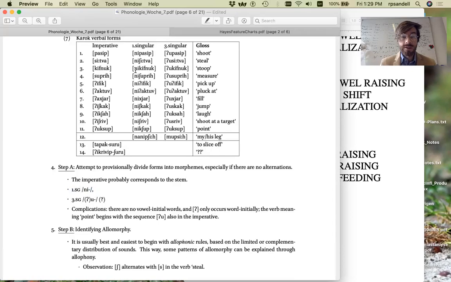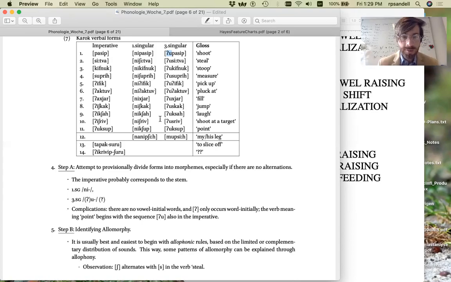In the third singular, then we have a similar situation in which it looks like there is always a sequence of a glottal stop followed by the vowel u at the beginning of a word. So we have ʔu pasip, ʔu sitva, and so on.